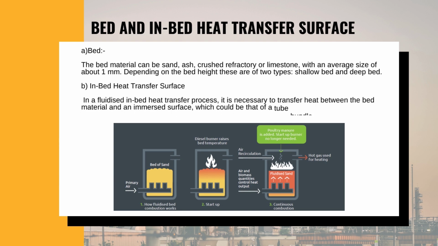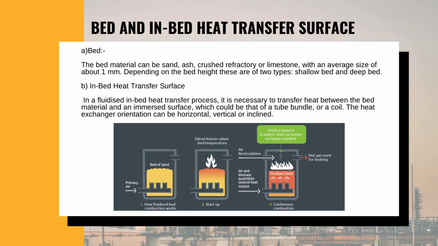Depending on the bed height, these are of two types: shallow bed and deep bed. At the same fluidizing velocity, the two beds fluidize differently, thus affecting the heat transfer to immersed heat transfer surfaces. A shallow bed offers a lower bed resistance and hence a lower pressure drop and lower fan power consumption.